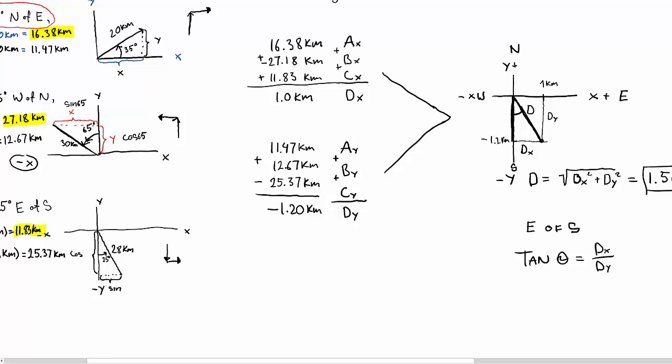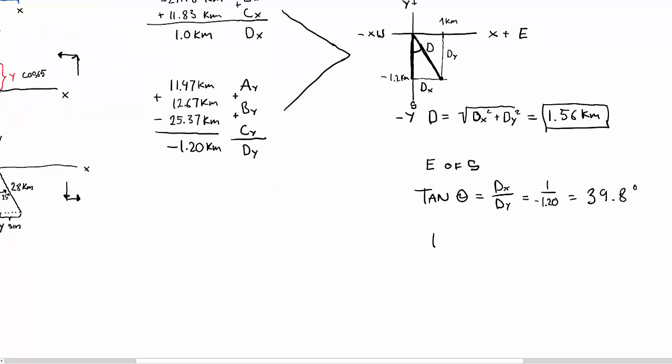Which is dx is 1 over 1.20. This is going to be inverse tangent: tangent inverse of 1 over 1.2.